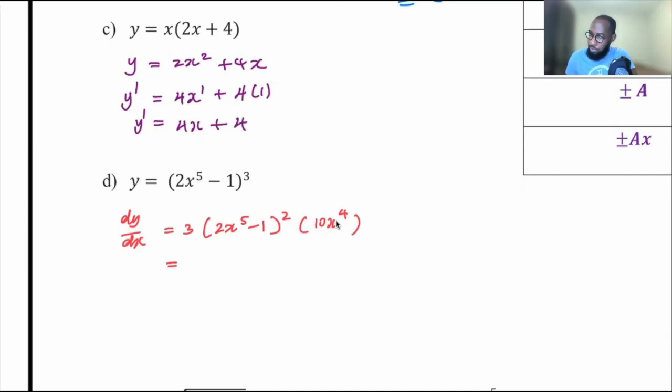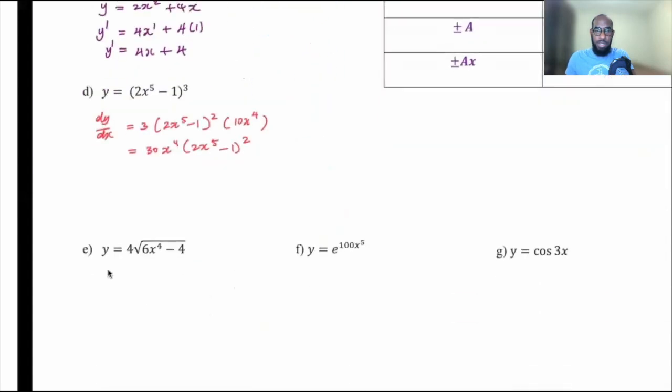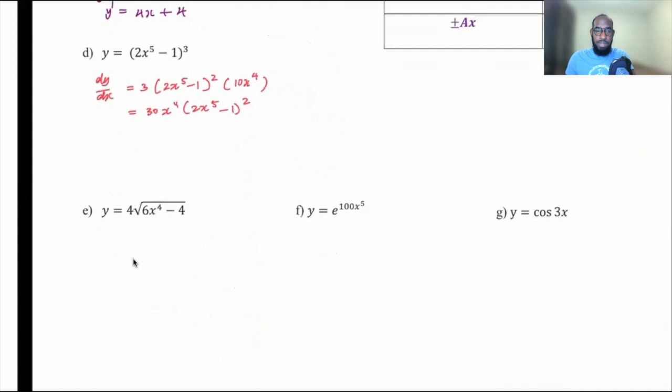So 10 times 3 is 30. I put my x to the power 4, 2x to the power 5 minus 1 squared. This is the answer here. All right. So we did 4 so far. Let's look at this one.